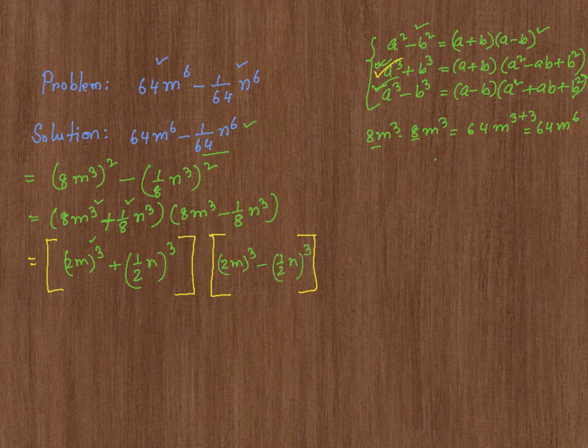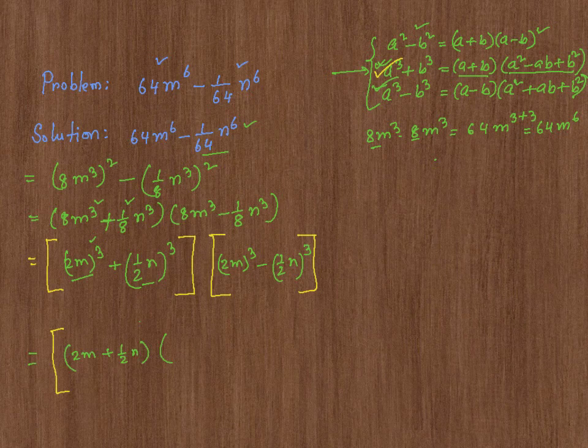Now I can use the sum of cubes and difference of cubes formulas. Let's use this yellow square bracket. So my a is 2m, b is 1/2 n. I'm going to use the sum of cubes formula first, which tells me a plus b times a square minus ab plus b square. So it's going to be 2m plus 1/2 n times a square.